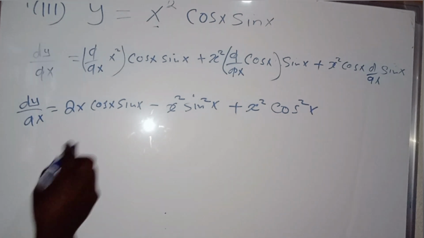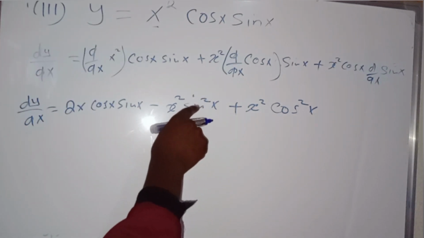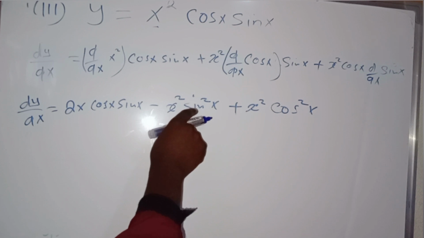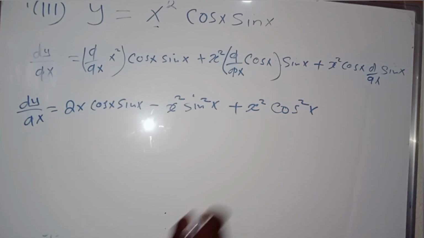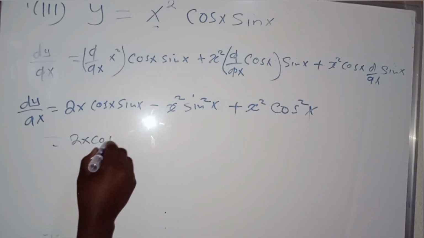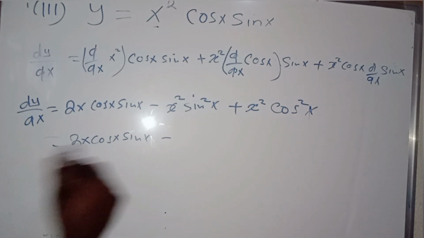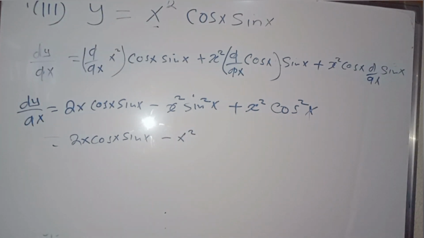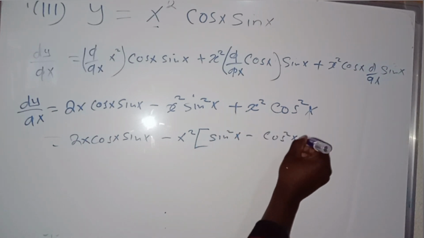So you have 2x cos x sin x, and you have minus x squared sin squared x plus x squared cos squared x, such that, factor out x squared, you have cos squared x minus sin squared x.